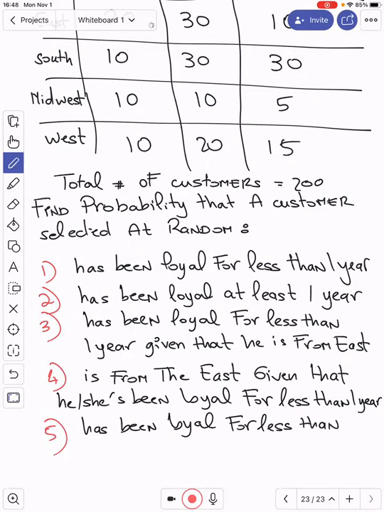Less than 1 year, and he or she is from, let's say, the East again.